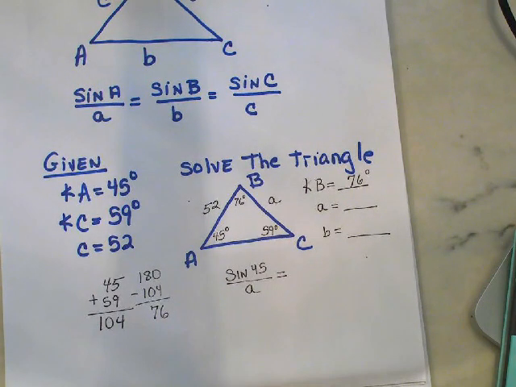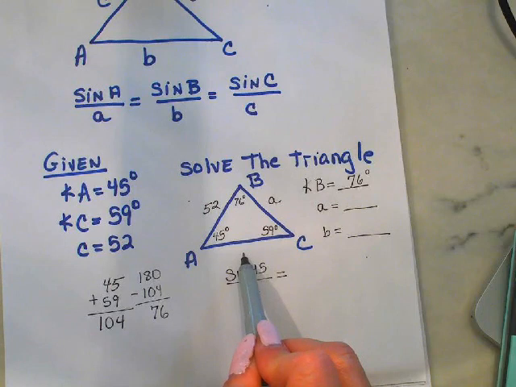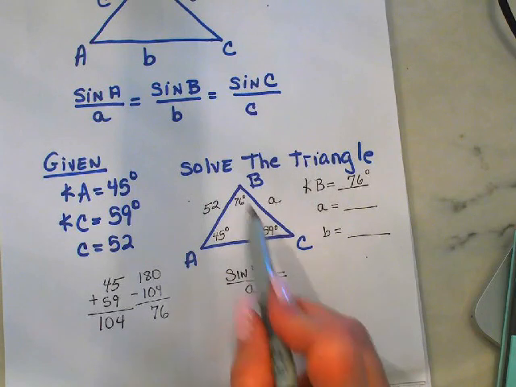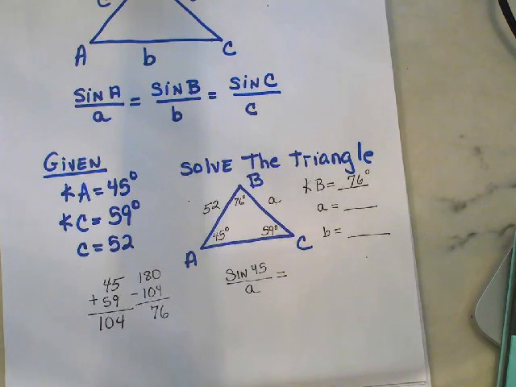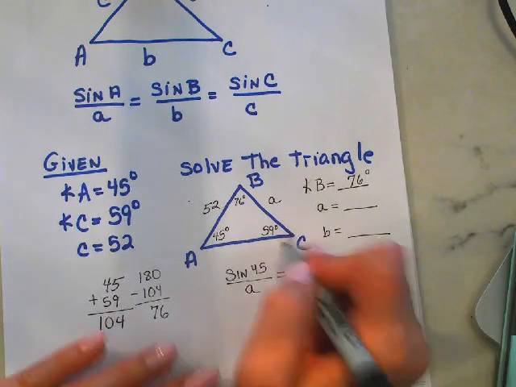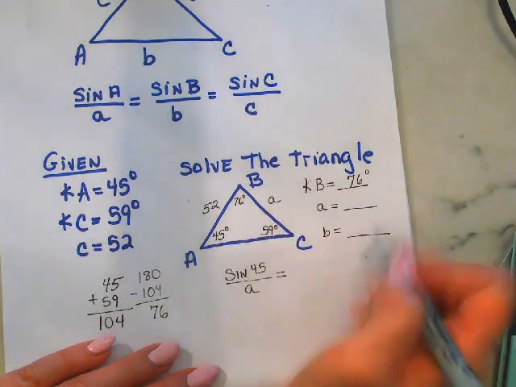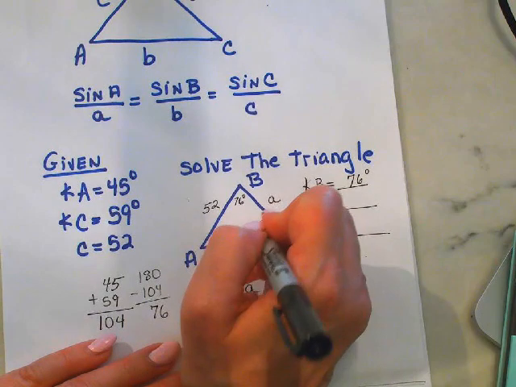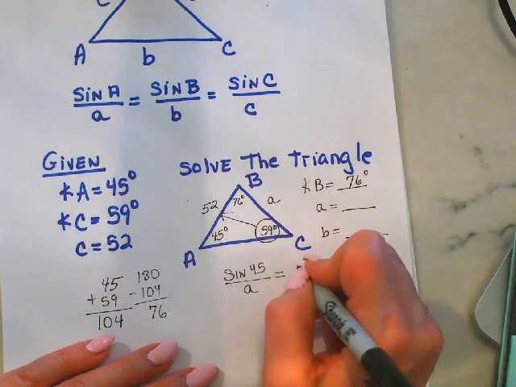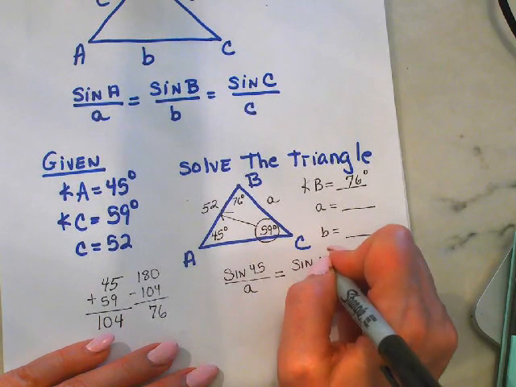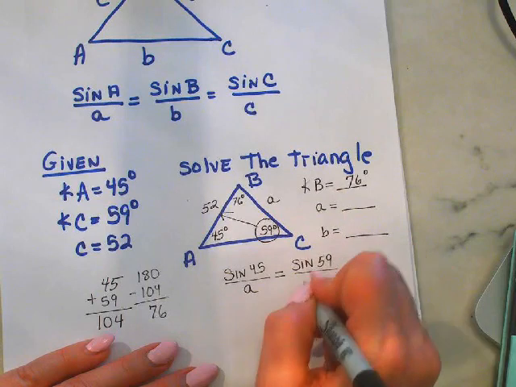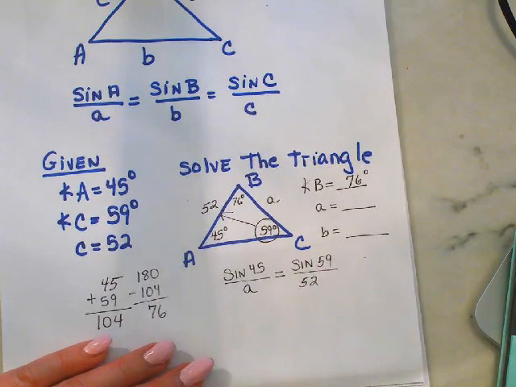I could do angle B or angle C. Considering I don't know what little b is, if I set it up comparing to b, then I'm having two variables that I'm searching for in one problem. That doesn't make sense. So you have to use C. So always know that when you have the angle to the side. So it's sine of 59 over 52.